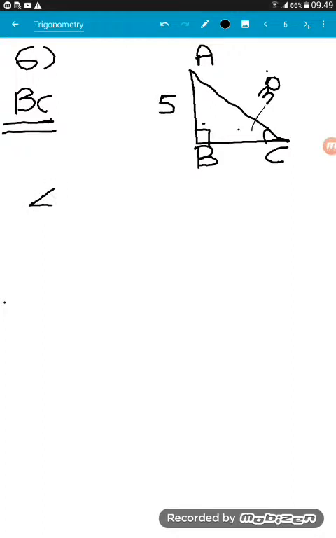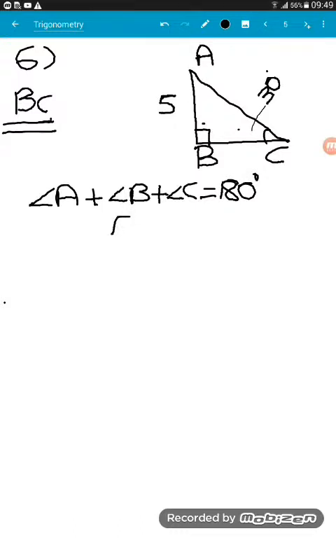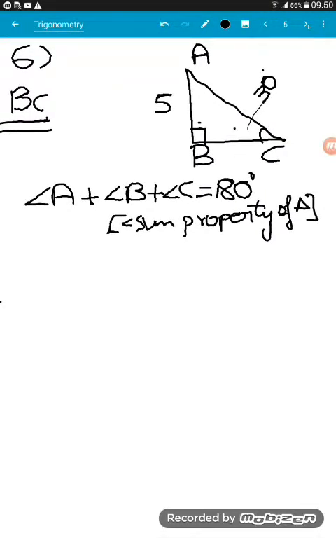That means angle A plus angle B plus angle C equal to 180 degree. This is nothing but the angle sum property of a triangle. Angle A is not given, so let it remain as angle A only.